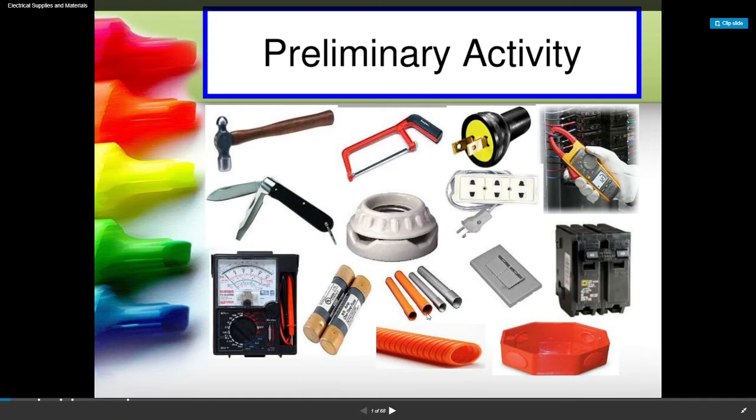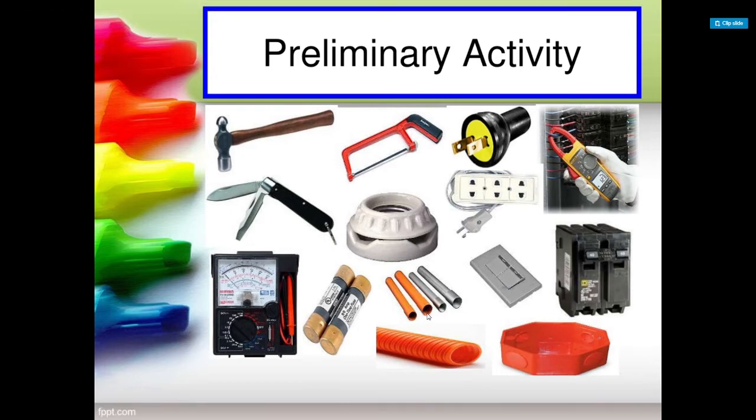Only five electrical tools and equipment. Anyway, those tools and equipment are used to install the electrical supplies. So the electrical supplies are the components that you have to install in a building or house in order for that house or building to have an electrical system.